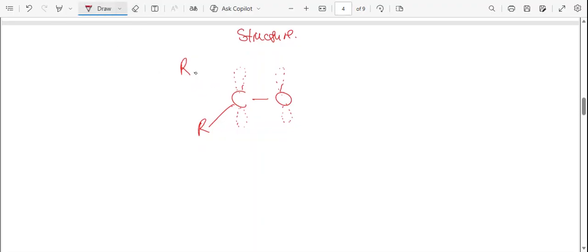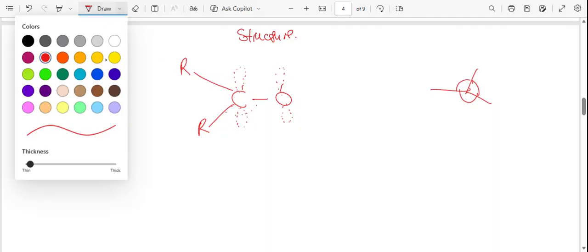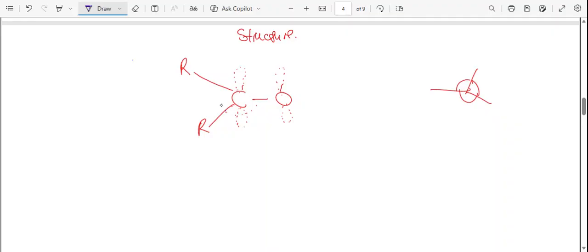There's 360 degrees in total, where we have 120, 120, 120. There's also 120 there, and also 120. We have 120s. So that's what happens.